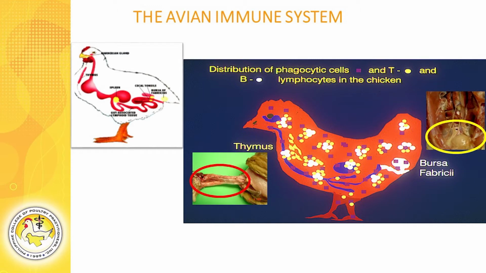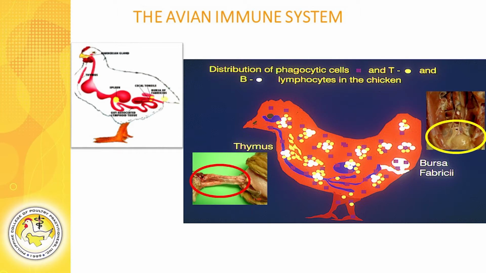First, a few words about the avian immune system, and we have to start in young birds. In young birds, we will find two important primary organs. These are the thymus, which is found alongside the neck and consists of several lobes. And this is the place where the T-type of cell will develop and mature.